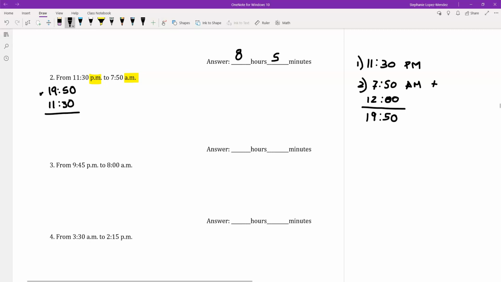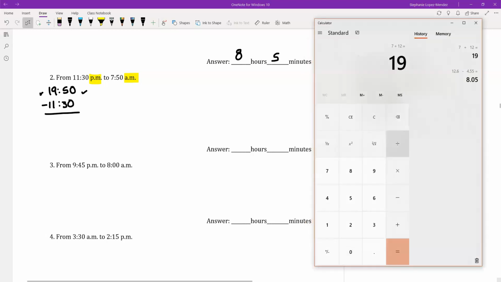Yes. Is 50 greater than 30? Yes. So we just subtract. We have 19.50 minus 11.30.